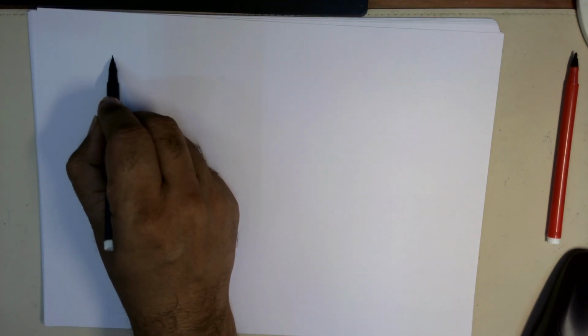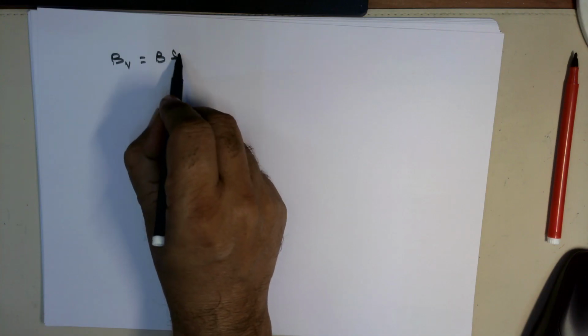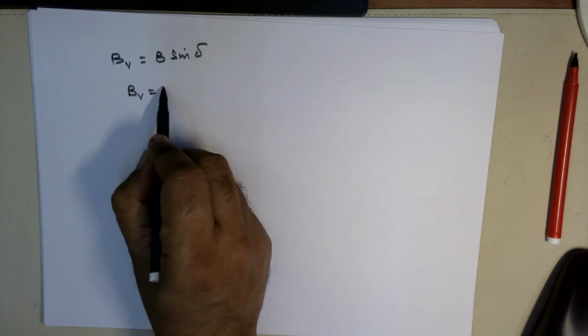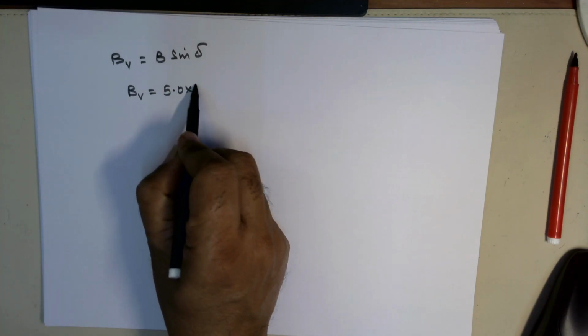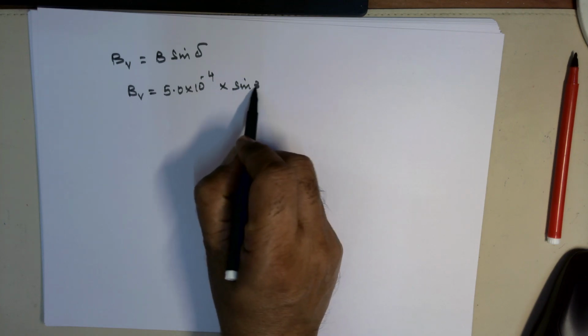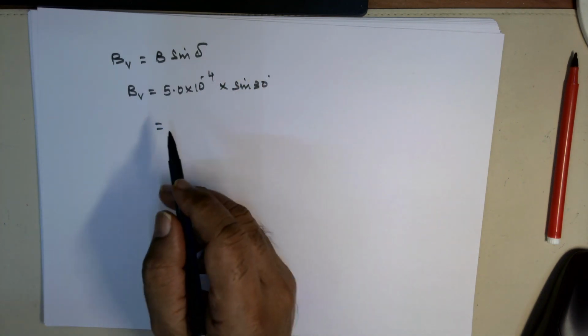Take down. So let us apply the first equation. B vertical component is equal to B sine delta. And what is B given? 5.0 into 10 power minus 4. Sine of 30, what is sine of 30? 1 by 2.